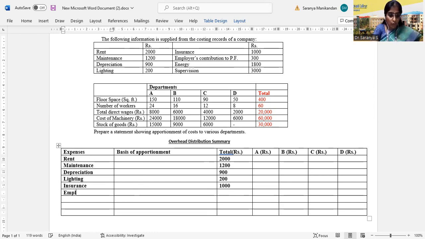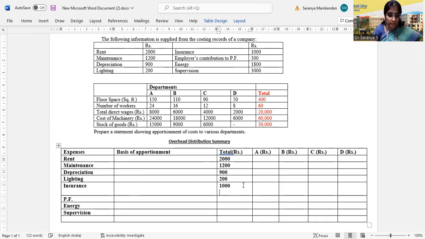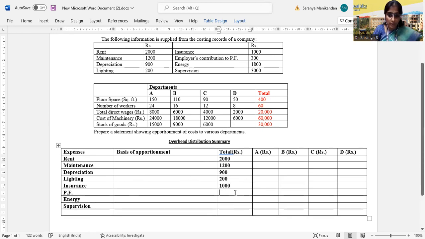Then employer's contribution to PF, so I'm just writing it as PF. Then energy, then supervision. PF amount is 300, energy is 1800. Then supervision 3000. So first we have written the expense column and the total amount, what is given in the first table, we have filled in the table.